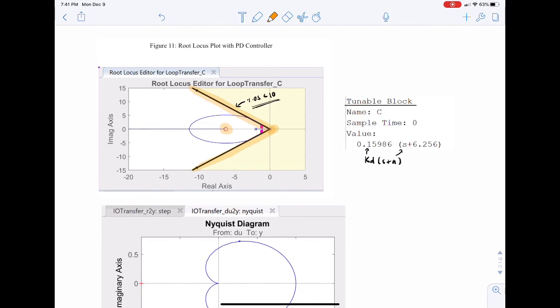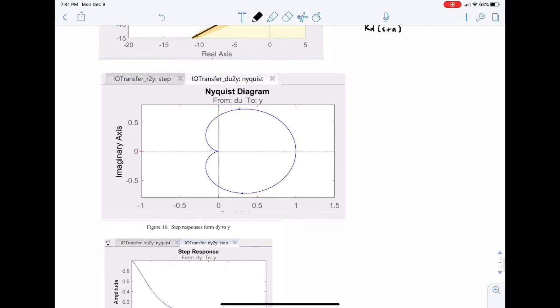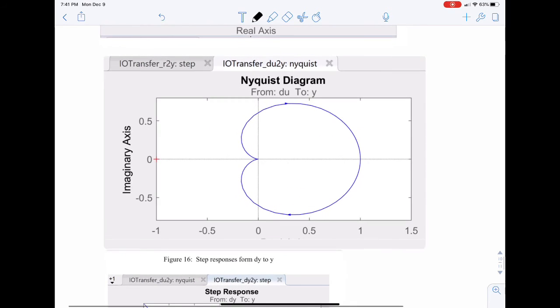And this can be tuned in order to find the right C(s) function, which gives us the value of 0.15986 times s plus 6.256, which is correct because our KD value is 0.15986. In order to verify that this is correct again, and we have the right transfer function for the step response, we can note that the Nyquist diagram never encircles -1 and is stable.